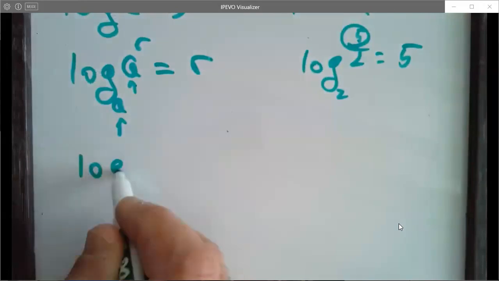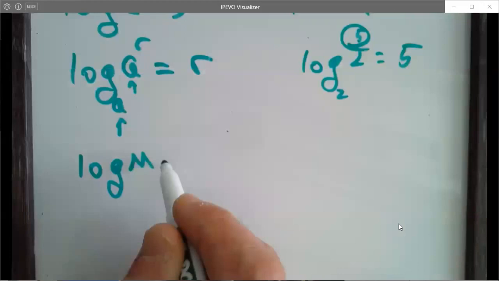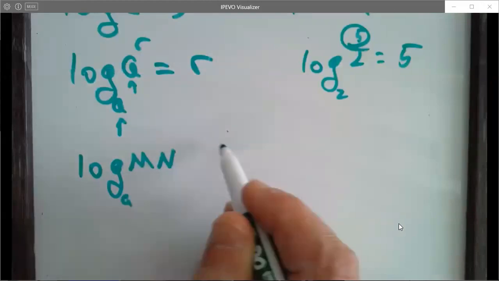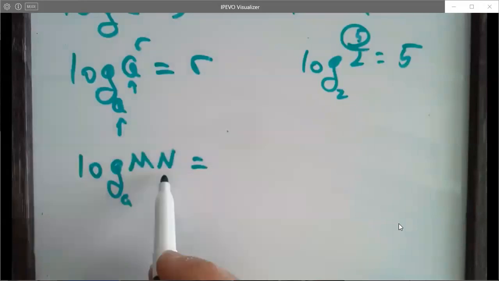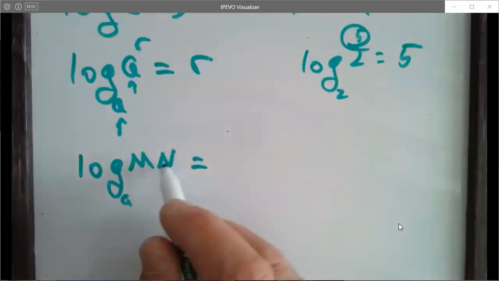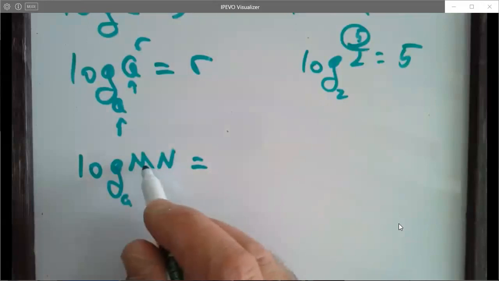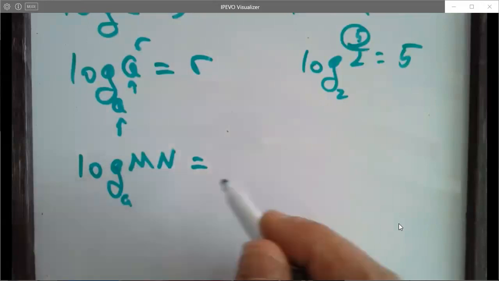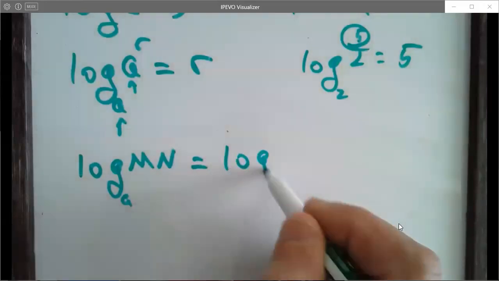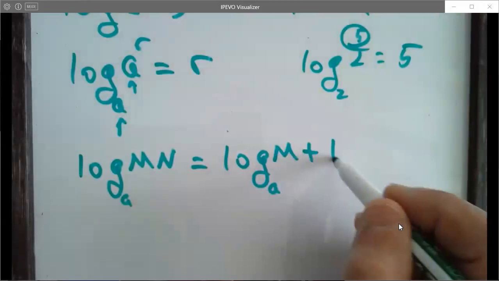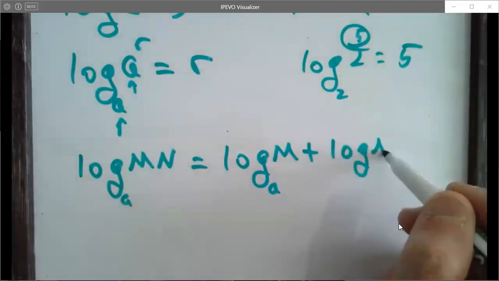If you have log of m times n base a, sometimes you can either expand or condense logarithms to solve for them. When you're multiplying two terms, this would be log m base a plus log n base a.